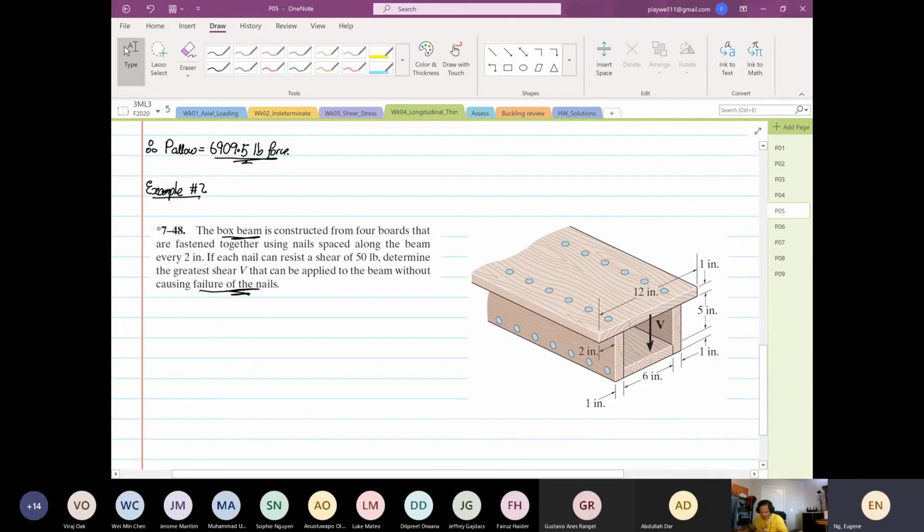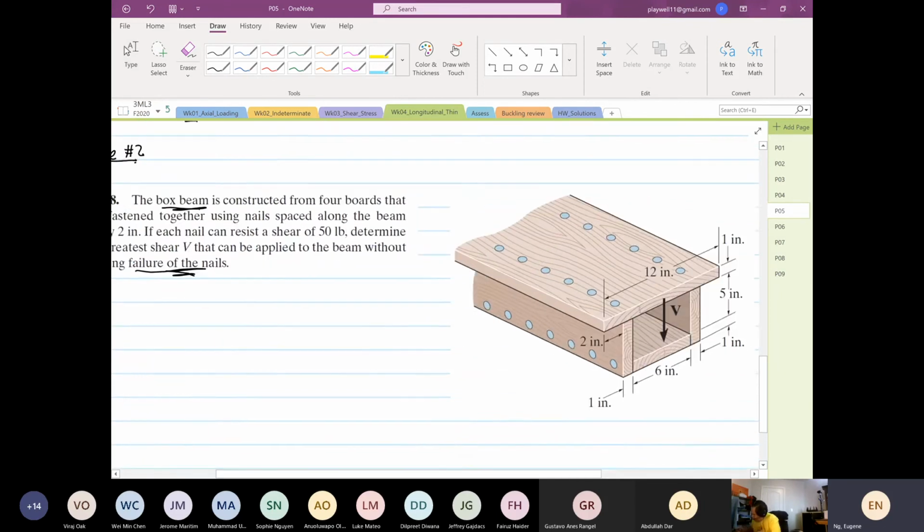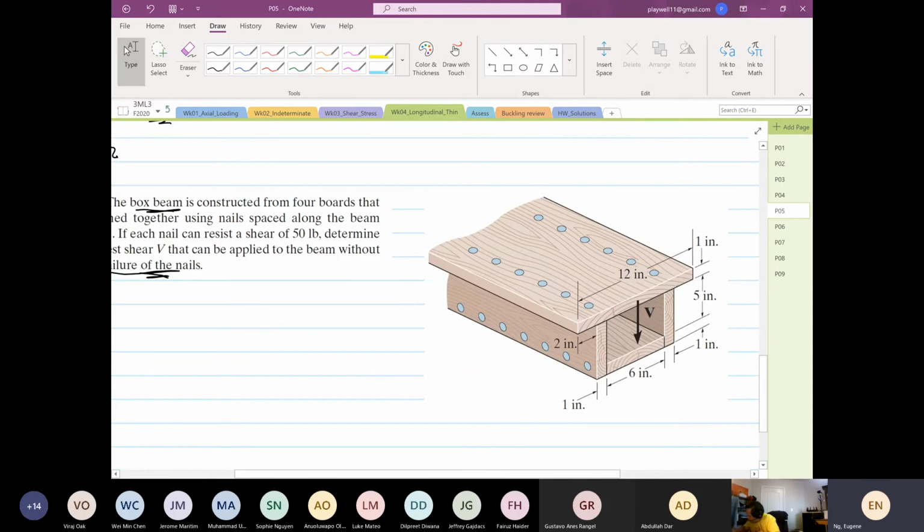So this is a structure. If we look at the structure, we draw our transformation. So this is our Y, this is Z, and this is our X direction.